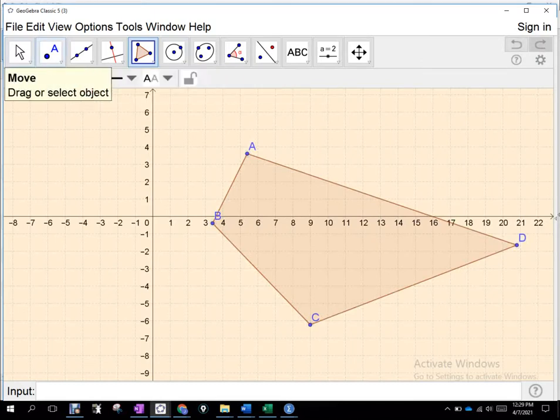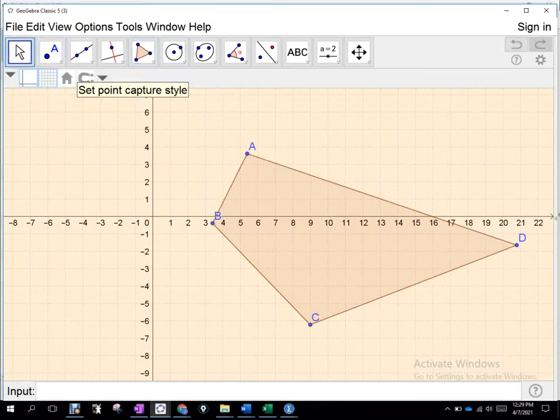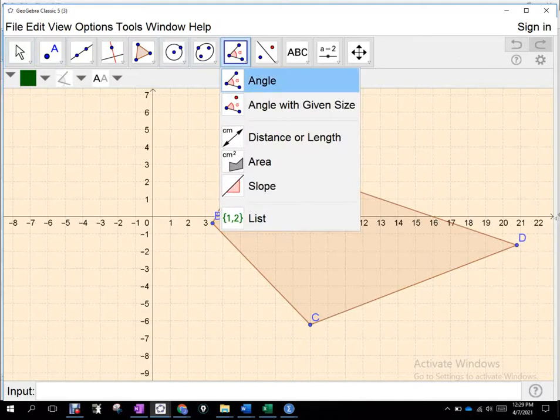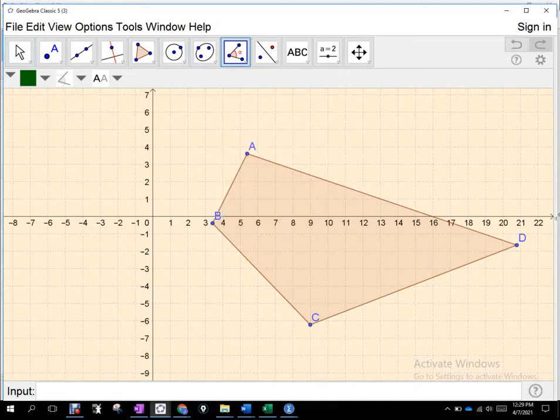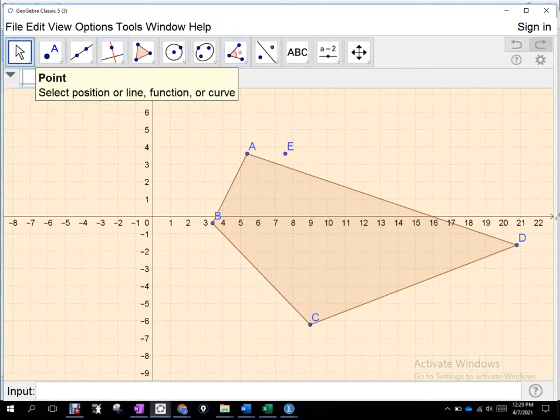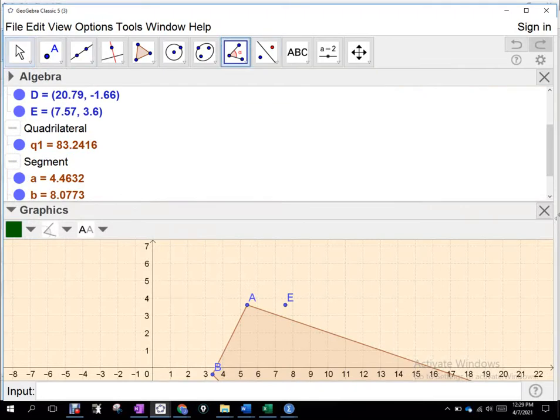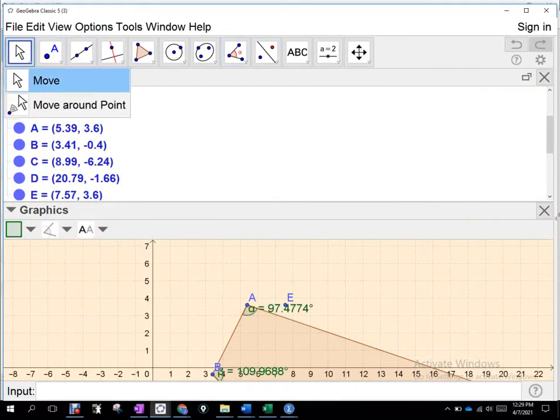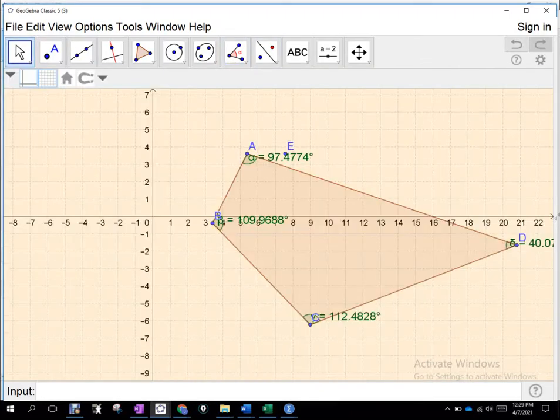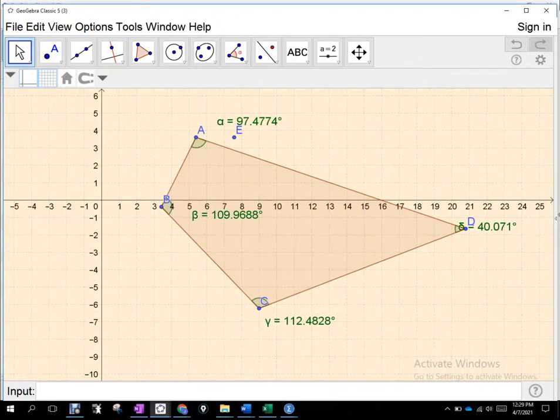What angle would be opposite angle A? C. If I ask to find the measurements of this quadrilateral, those are the angles for A, B, C, and D. Are opposite angles supplementary in that quadrilateral?